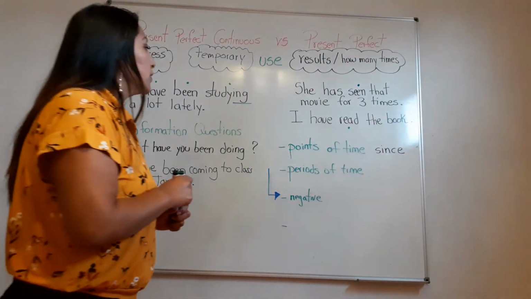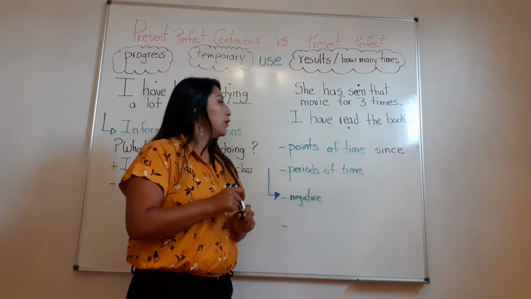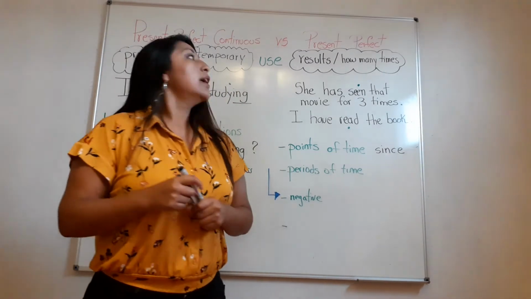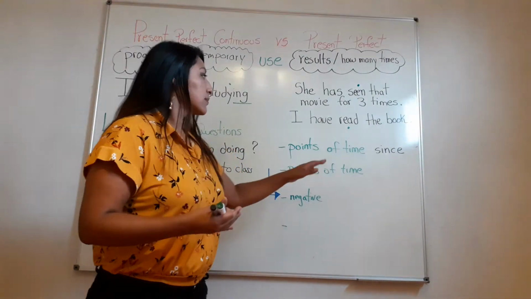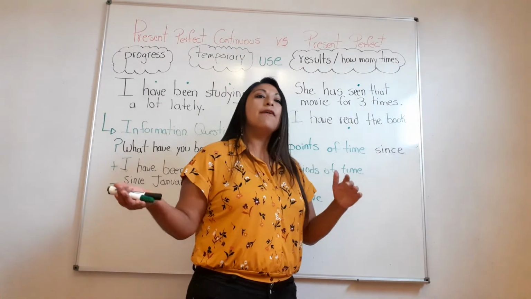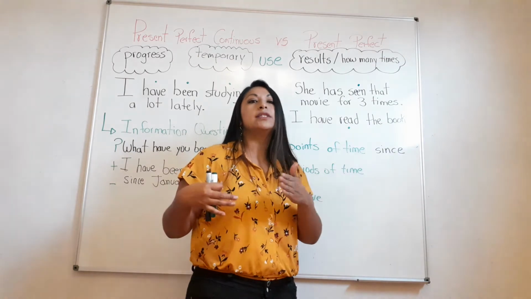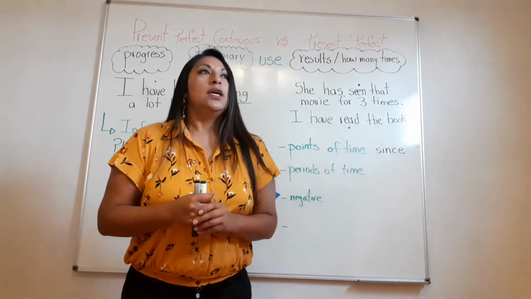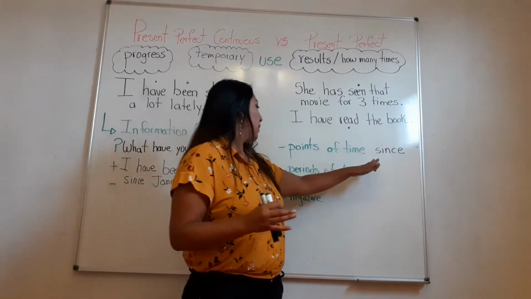We are gonna use it with points of time. For example, I have read a book since last week. I have read a book since last month. I have read a book since February. So I'm giving points of time, okay?